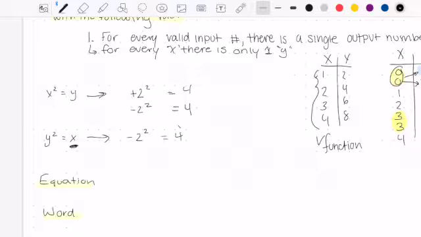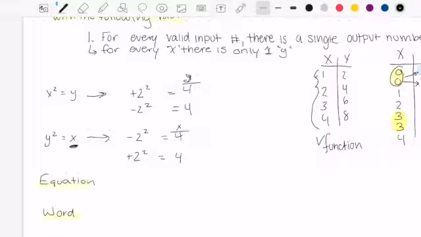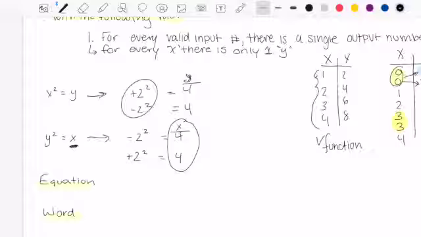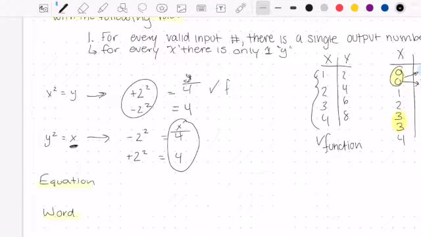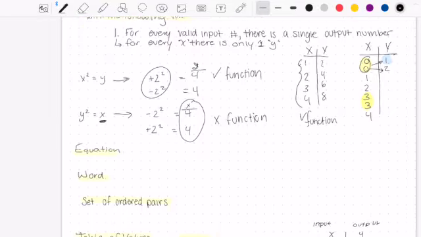And so I'm going to have negative 2 squared is equal to 4, which is my x now, not my y. And then I'm going to have positive 2 squared is equal to 4 as well. So the difference here is that my x's are different in this situation, but my x's are the same in this situation. So yes, this is a function, but no, this is not a function.